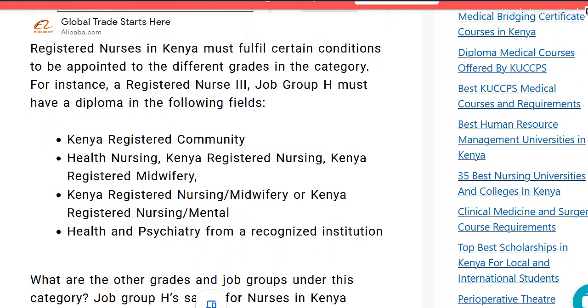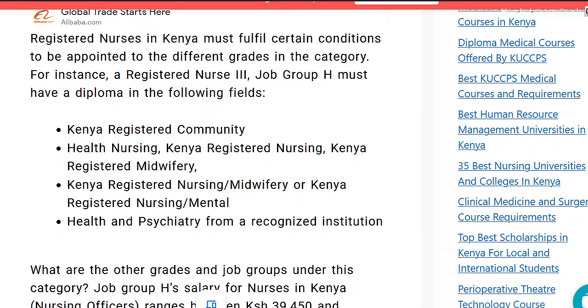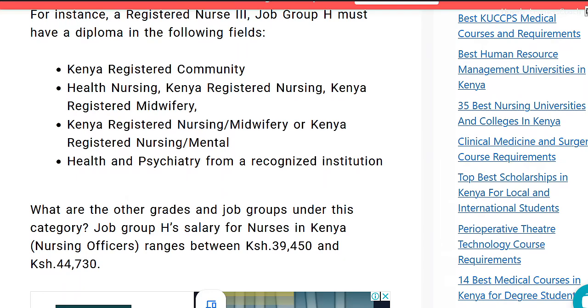For instance, a registered nurse 3 in group H must have a diploma in certain fields. Our focus here is mainly the salary. Job group H salary for nurses in Kenya ranges between 39,000 and 44,000 Kenya shillings.